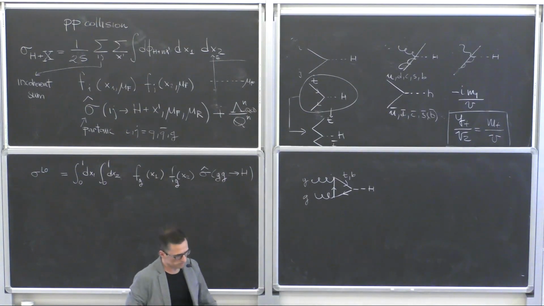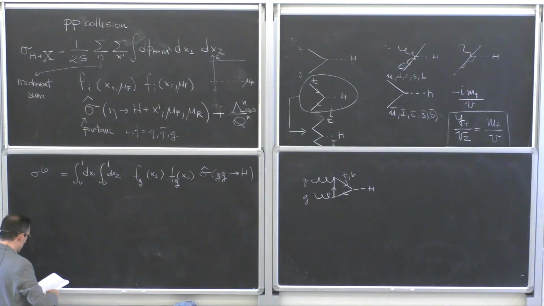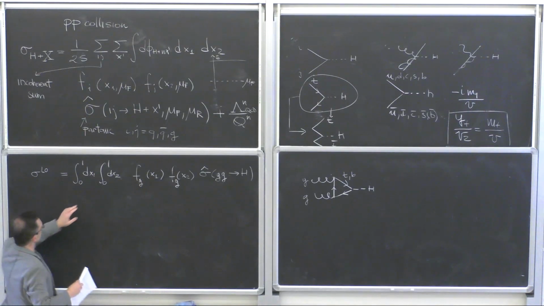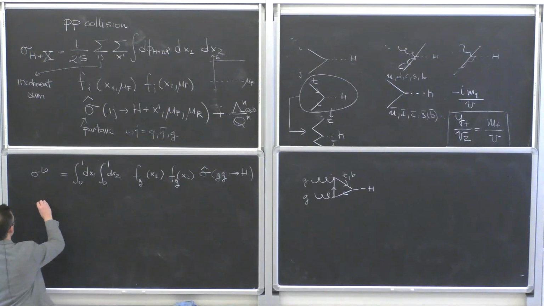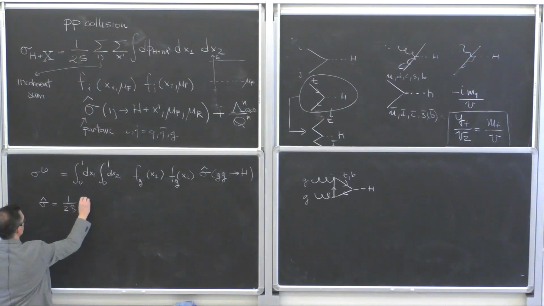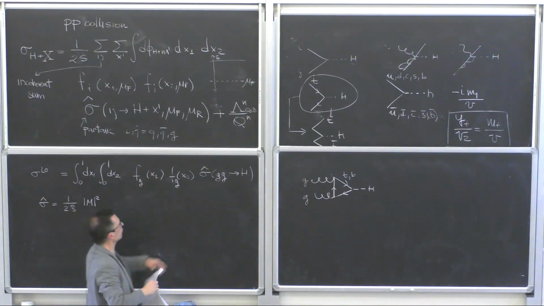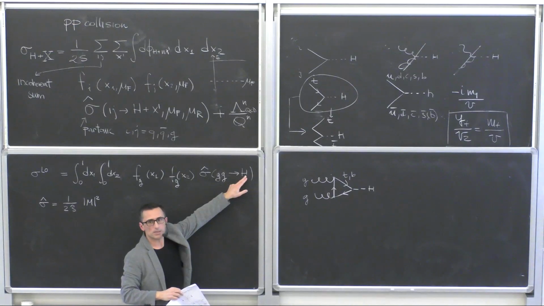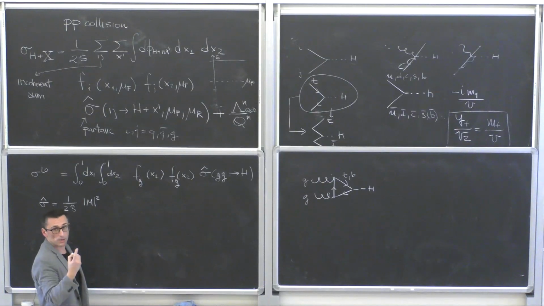So let me try quickly to write how it works. Basically, what I need, right, is the partonic cross-section, which will be 1 over 2s, the matrix element squared, the phase space for one object. In my leading order approximation, I had only one object in the final state. What is the phase space of one object?